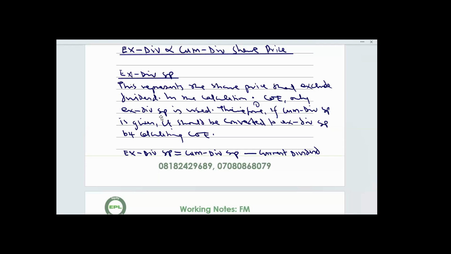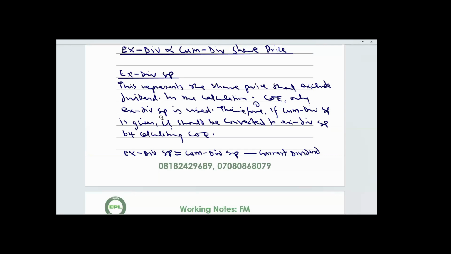Or the examiner may not call it CumDiv share price. You may be told that the share price is 5 naira, and the dividend is yet to be paid. Because the dividend is yet to be paid, it means that that 5 naira is CumDiv. The examiner can also say the dividend is still outstanding, or the dividend will be paid in the following year.